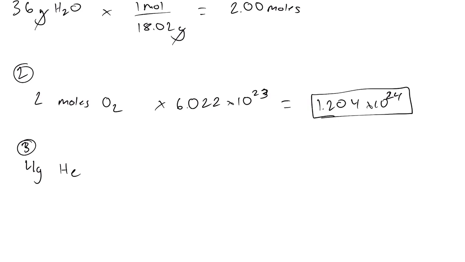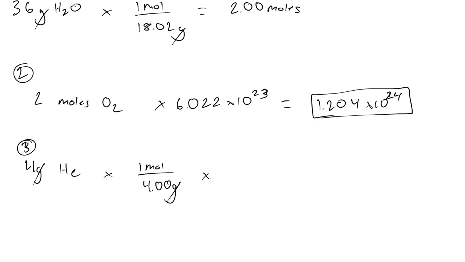So we take the grams and we multiply it. First we want to get moles. So we put 1 mole on the top and then 4.00 grams on the bottom. The grams are going to cancel out. And then that technically equals 1, but we're just going to go straight to the second step.